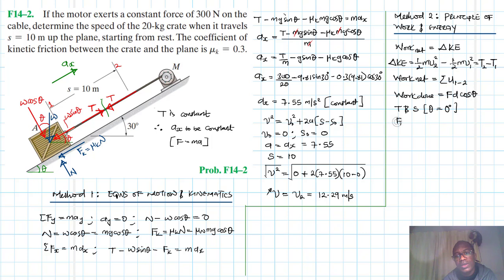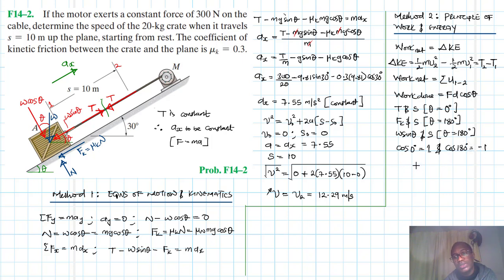For Fk and s, theta is equal to 180 degrees. And for W sine theta and s, theta is equal to 180 degrees. And we know that cos 0 is equal to 1, and cos 180 is equal to minus 1.